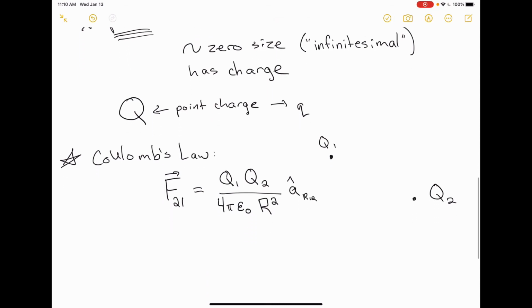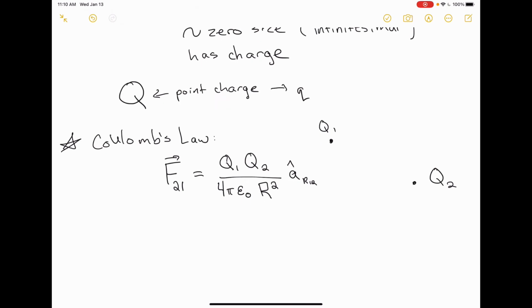So let's take a look at the different parts of these equations. Q1 and Q2 are the charge amounts with sign. So they might be plus or minus. They might be positive or negative amounts of charge.